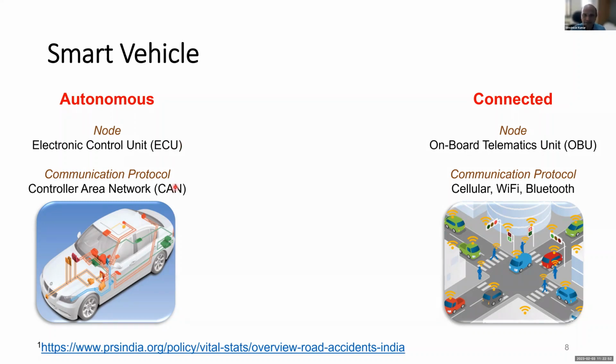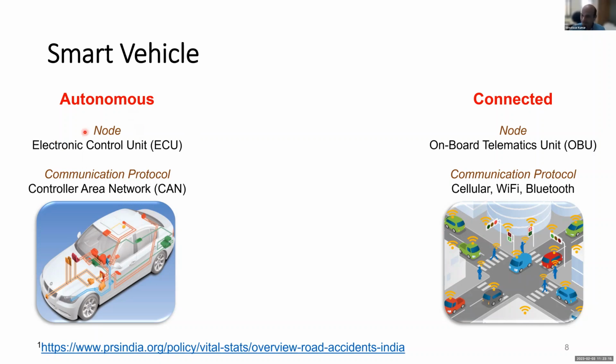But even in any simple intelligent feature that you see in modern cars, that we are indicating as an autonomous feature, at least for the discussion in this talk. Now, if you look into what facilitates these autonomous features, it is the electronic control units, so ECUs.